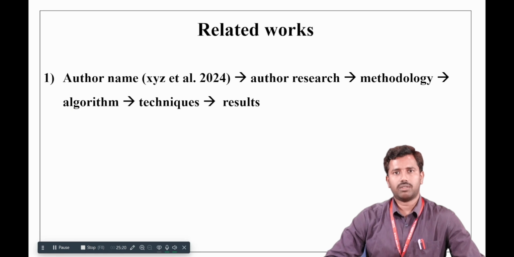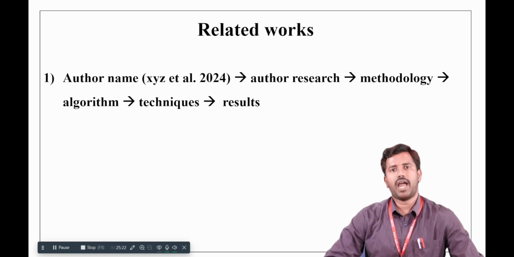Why? Because if we add limitations of the current work as a starting line, that shows a negative impact. So we have to start with positive things about the research work as starting lines, and in the last line we add its limitation, which shows the link from the limitation of the existing works to our proposed work.